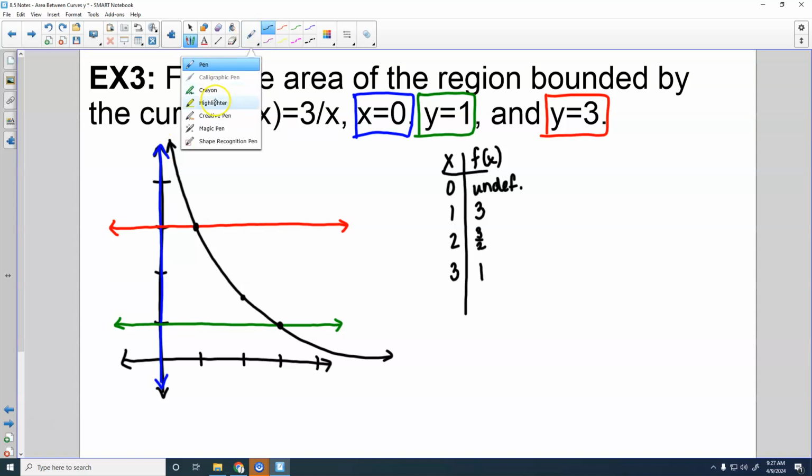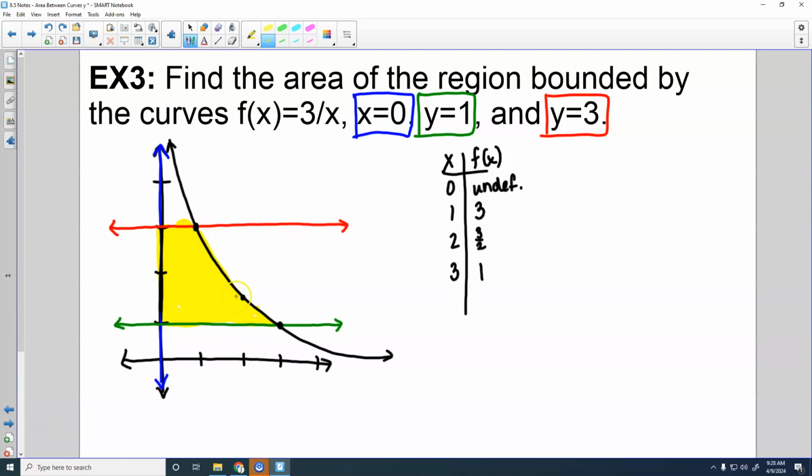So the area that I'm looking for, let's do yellow, the area that I'm looking for is this area right here. Now, if I'm thinking top minus bottom, which function is on top? Is the black one always on top?